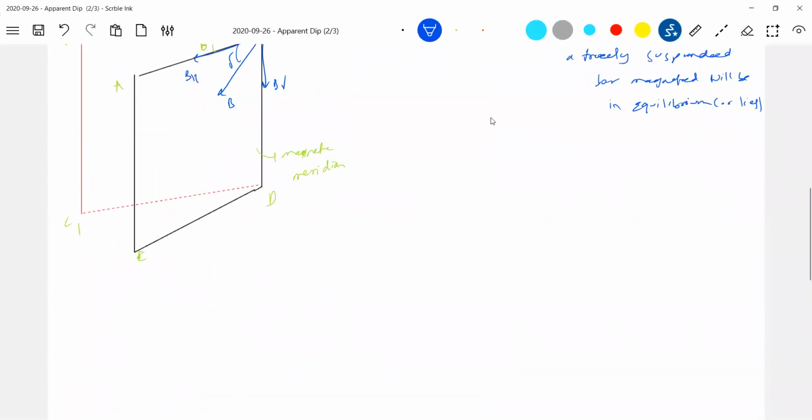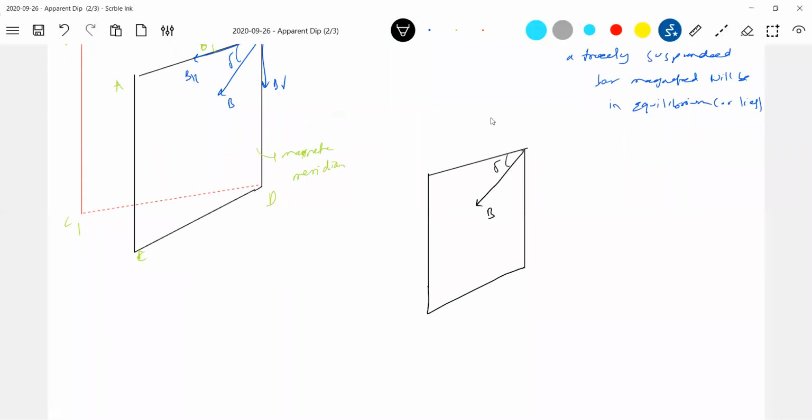First, we'll do it here. There's a magnetic field B and a dip delta. Now I'll rotate the dip circle.